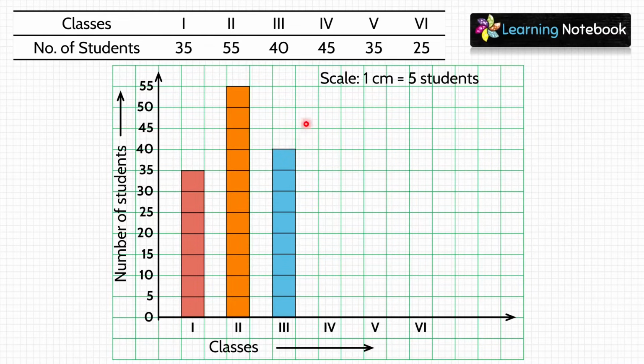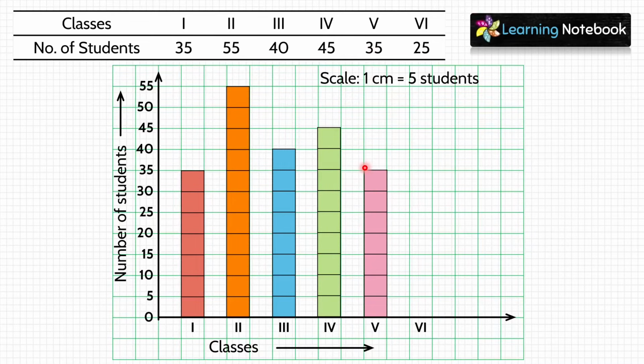Next, we have 45 students in class 4 who like painting. So, let's make another bar and color 9 blocks. Then, we have 35 students in grade 5. So, we are going to color how many blocks? Yes, 7 blocks.